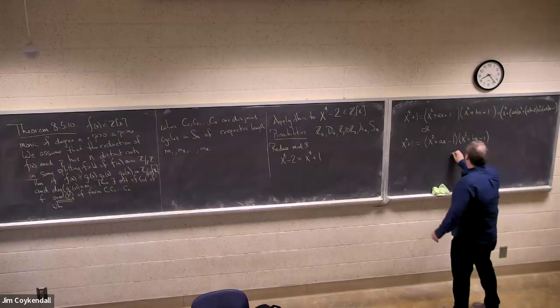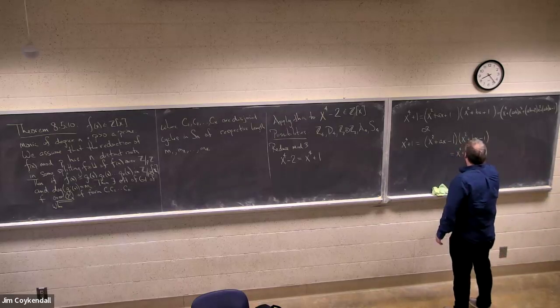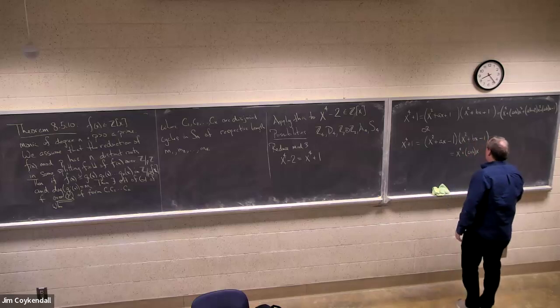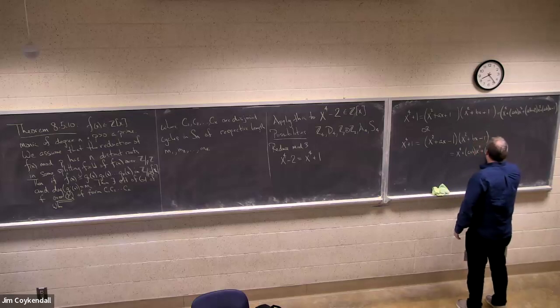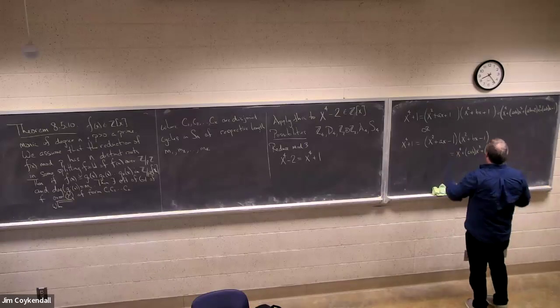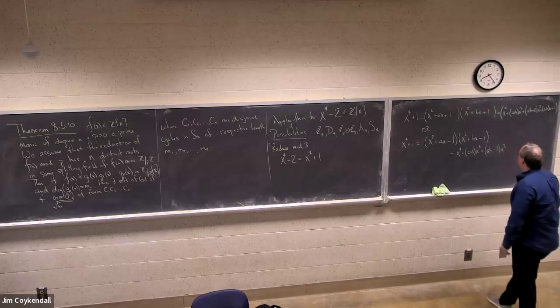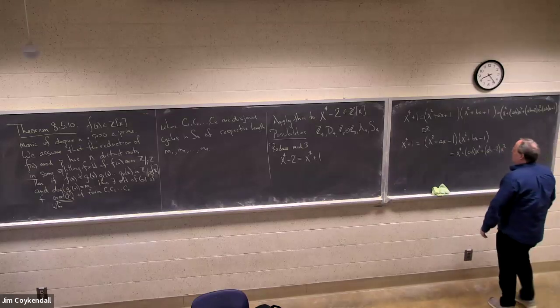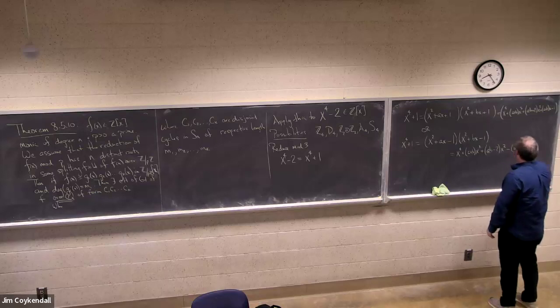And for the second one, I get x cubed, I get ab, and what do I get? -2 x squared, and I get minus a plus 1.